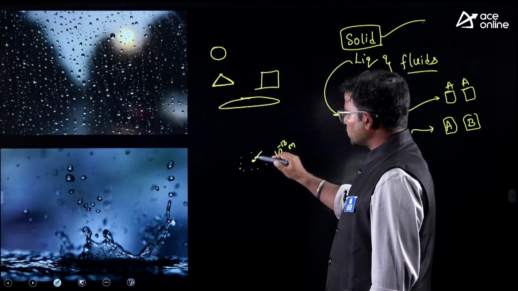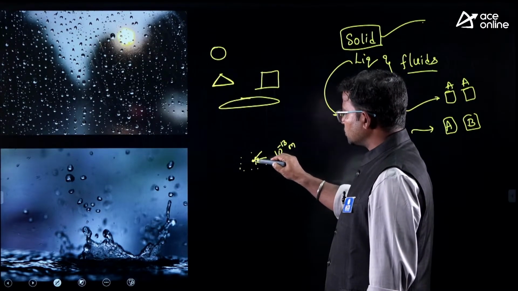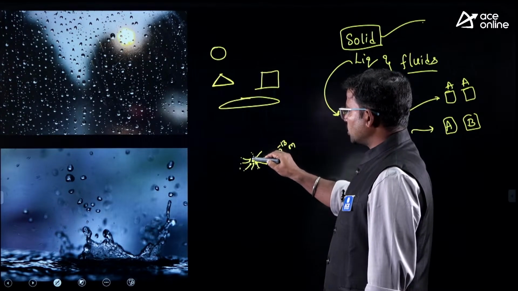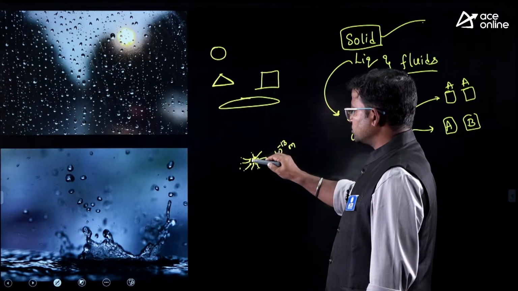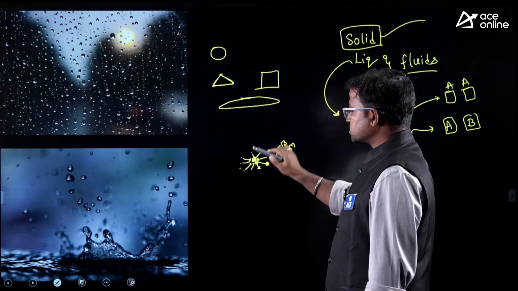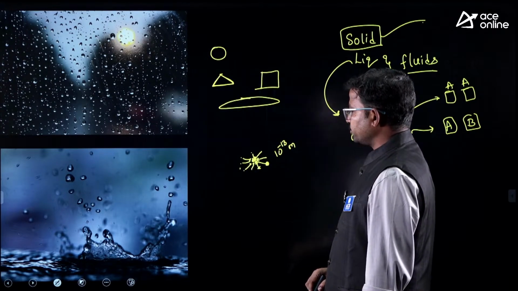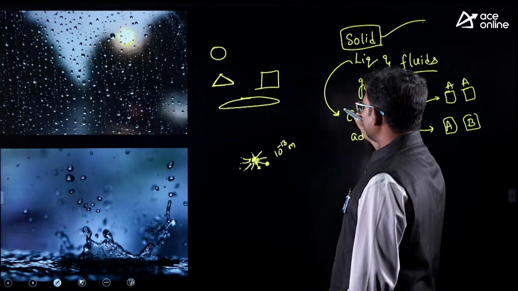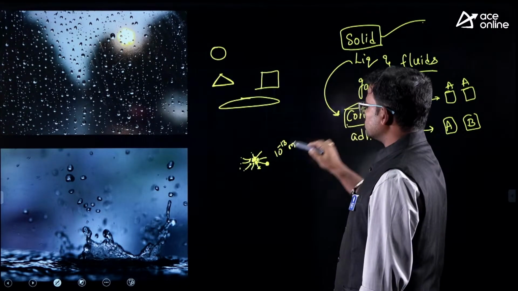Almost all these water molecules are attracted towards the center. Why? Because here we have a water molecule and the center of this region also has a water molecule, which means the same kind of molecules are there. So what kind of forces mostly exist? Cohesive forces.